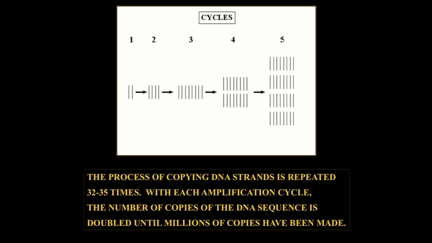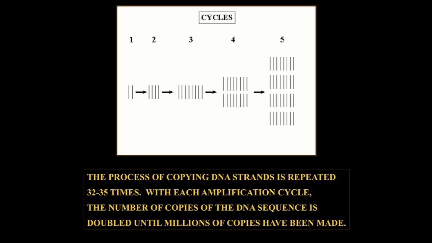The process of copying DNA strands is repeated 32 to 35 times through PCR, and we can go then from one molecule of DNA, which you cannot see on a gel, out to many copies which can be stained and visually identified as a very large fragment which can be stained and visualized within a few hours.